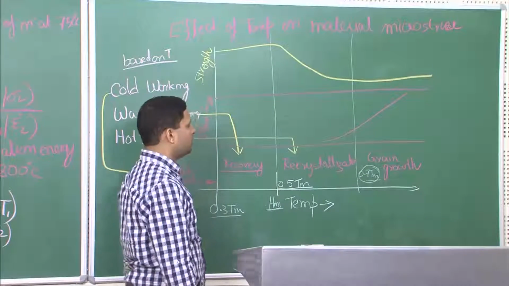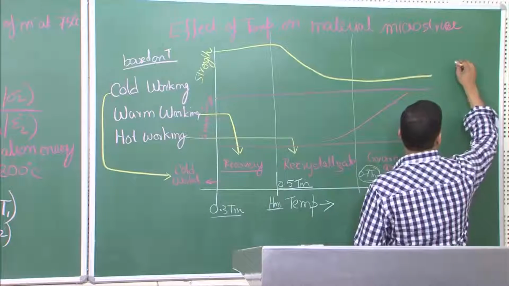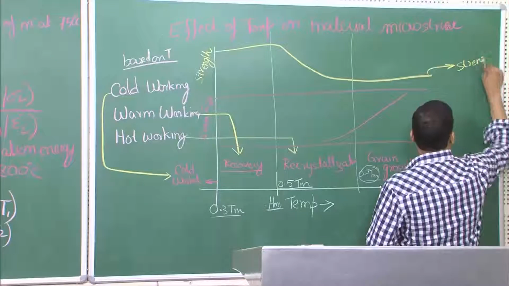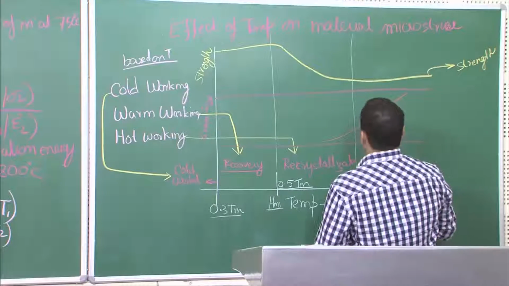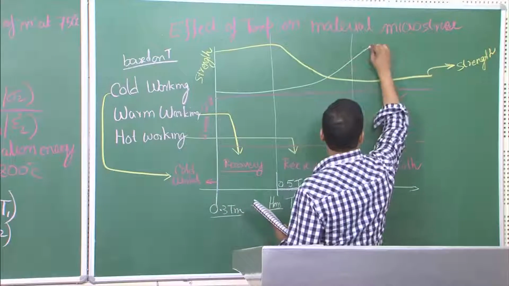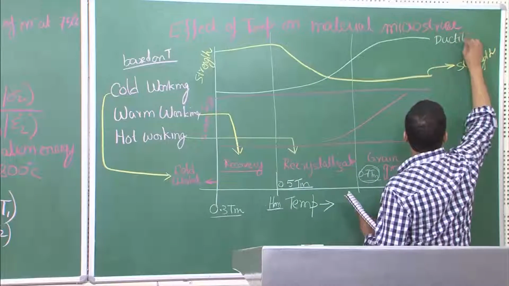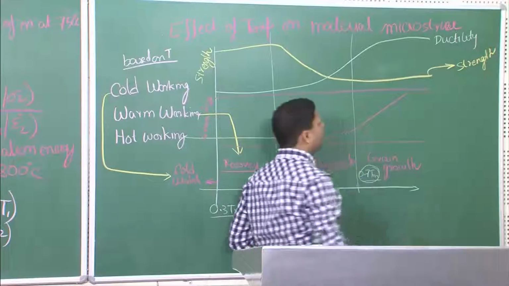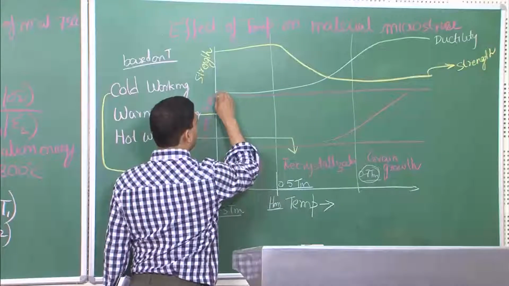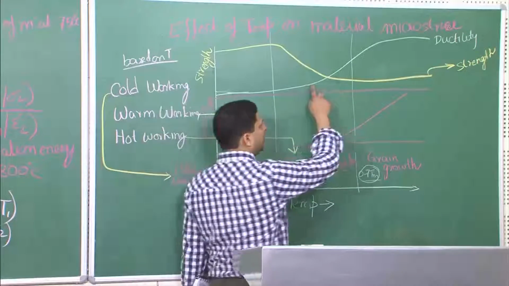So, this is your base level strength, and this is how the strength will vary. Along with strength, there is another important mechanical property, which is ductility. Ductility is in effect the inverse of strength. Whenever you have large strength, the ductility of the material goes down, and when strain free grains start to form, the ductility starts to increase.